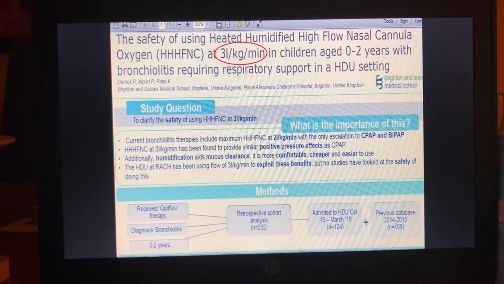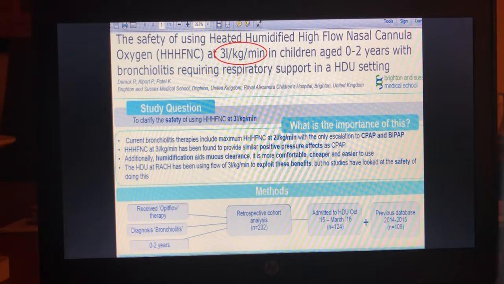And we started using it in about 2009, 2010, and as our experience grew, we pushed the boundaries, and we came across a group of children in whom 2 litres per kilo per minute didn't seem to be quite enough.